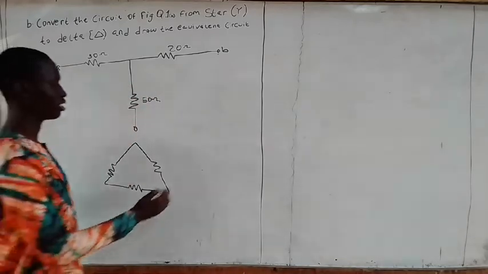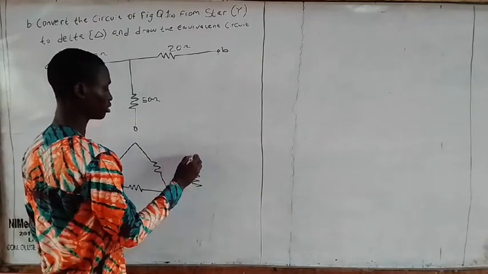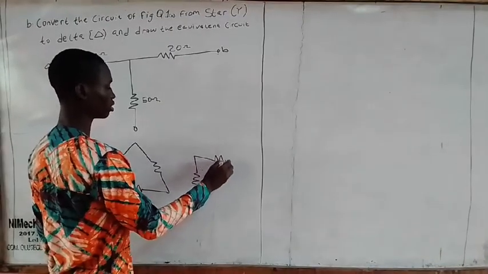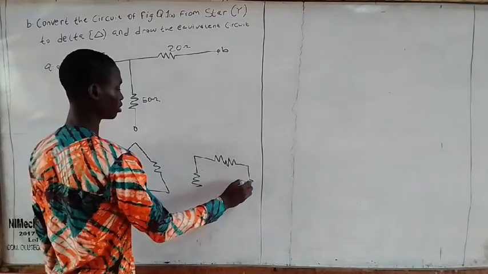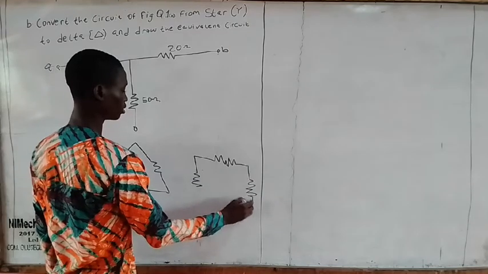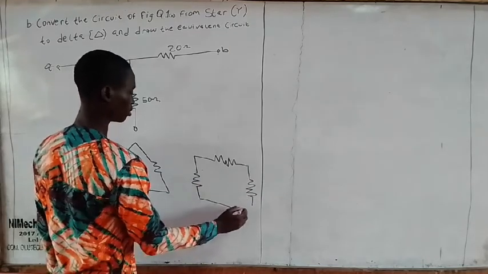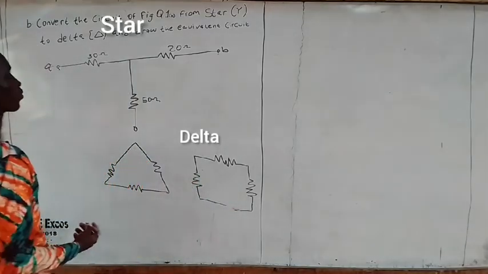Another way to draw delta is if you have something like this. That's another way to draw it.